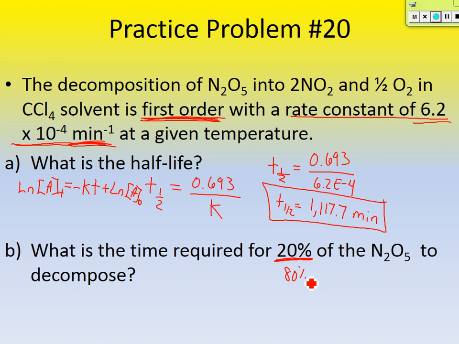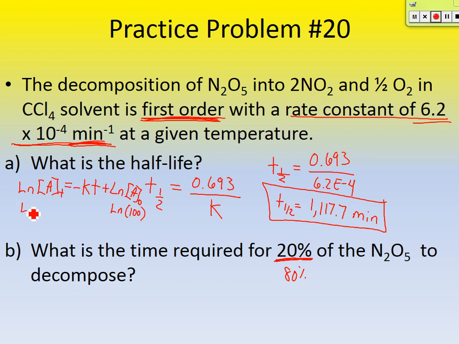So here's how I kind of work these problems. I say that the final concentration is going to be, well, actually, let me start with your initial concentration. Let's just set it up in terms of 100%. Let's say we start with 100 molar. Now, I know that's probably not what you're going to start with, but we're just going to set it up that way. So this would be the natural log of 100.